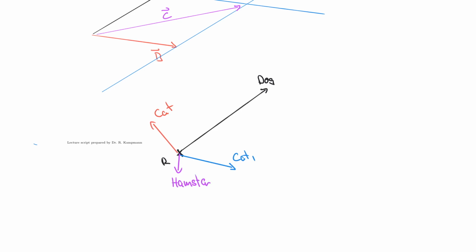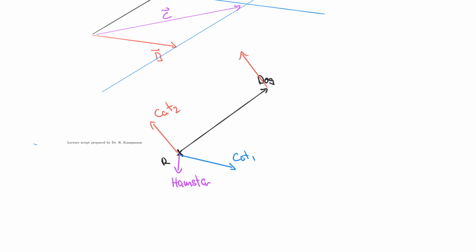And so now the question is, where will I go if all these animals pull on me in the directions shown here? And the answer is you can use the head to tail technique or the parallelogram technique multiple times. I'm just going to show you how that applies. I'm going to start with my dog, and then just to be random, I follow by cat 1, by cat 2 I should say. So that would mean that I move in this direction.